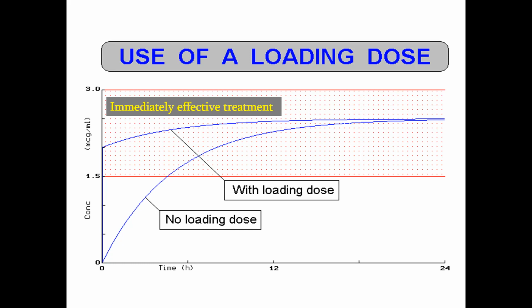If the volume of distribution is high, the half-life is high, meaning the drug is sequestered. Now you give a higher dose, 4 times, 6 times, so that all the binding sites, plasma proteins, and interstitial sites are completely saturated. You get a higher concentration right away. Are you with me? So this is the purpose of the loading dose.